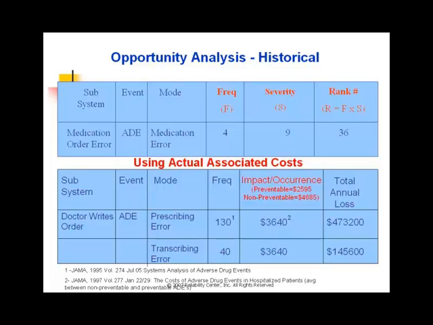In the past year, when we go and review our records, we find out that we've had 130 of them, and the aggregate indirect and direct costs have been on average about $3,640. So now I'm going to multiply the frequency times the impact, and I'm going to get a total annual loss.